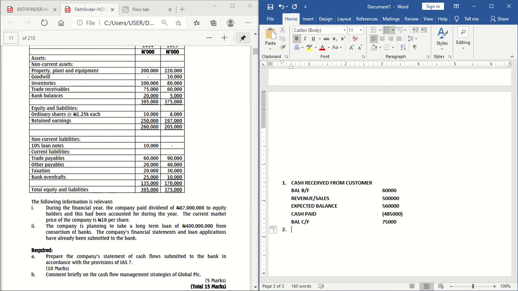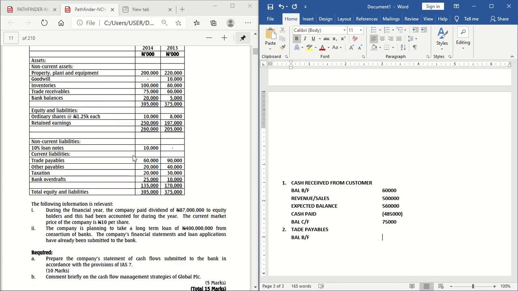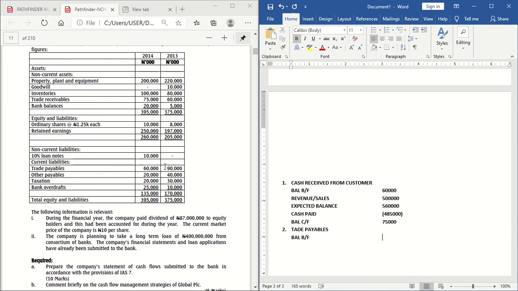So for my working note 2, that is my trade payables. For my trade payables, I will start with balance brought forward. My balance brought forward for my trade payables coming here is actually 90,000. So I put 90,000. Very easy and straight.